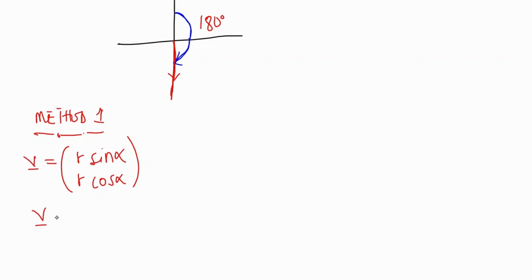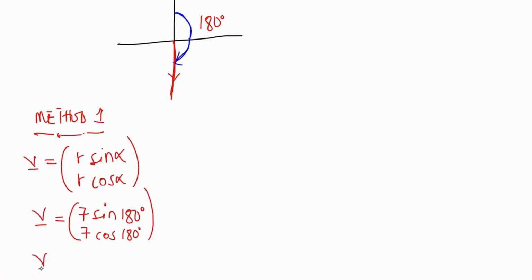So v is now equal to, our r was given to us as 7, so you have 7 sine of, now remember that alpha is the original angle given to us, that is 180 degrees. And now we have 7 cos of 180 degrees.